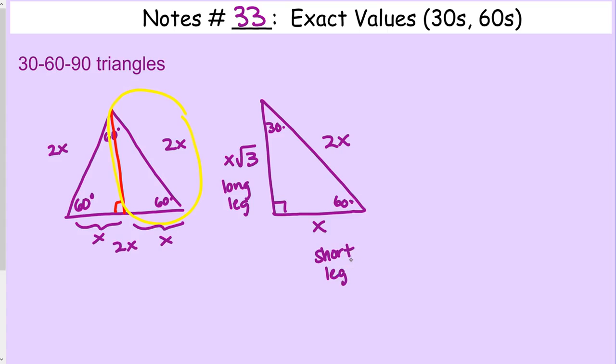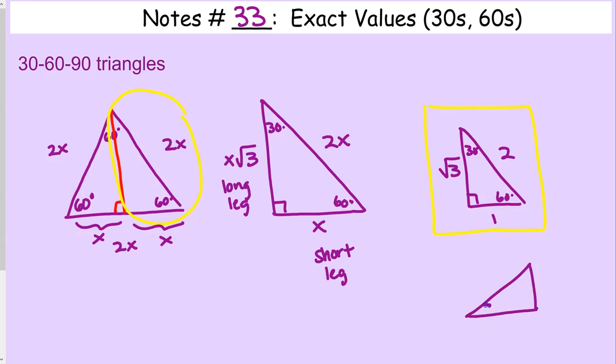What I like to do is use what I would call the unit 30, 60, 90 triangle, where you have a 1 on the short leg, a 2 on the hypotenuse, and a square root 3 on the long leg. This is the 30, 60, 90 triangle I'm going to be using all day today. No matter if it's oriented differently, like it could be turned like this, it doesn't matter. The sides will be in the ratio 1 to square root 3.